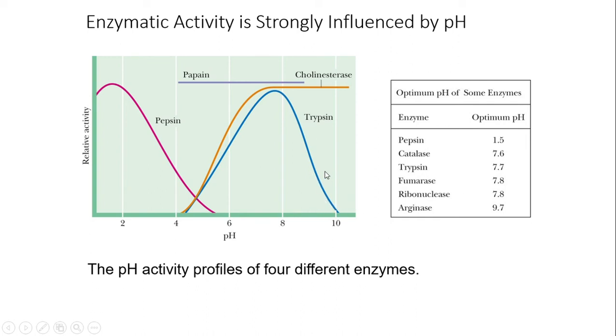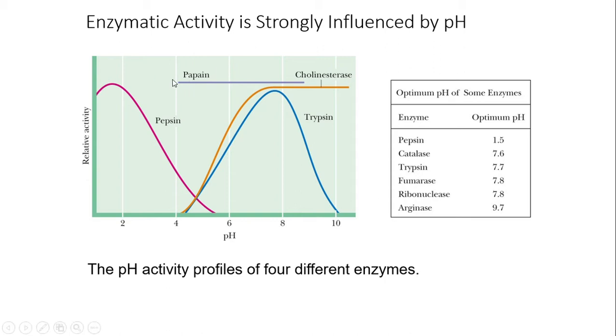Remember, it is a protease. It cleaves proteins at specific sites. It has an optimal pH of around 7.4. That is just slightly basic.